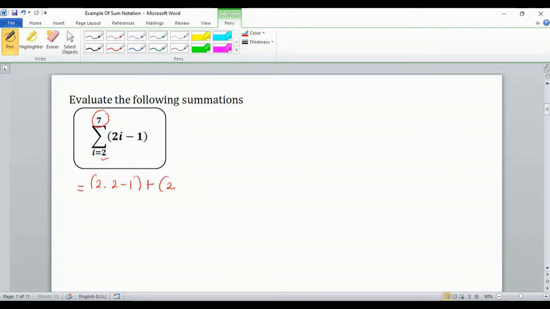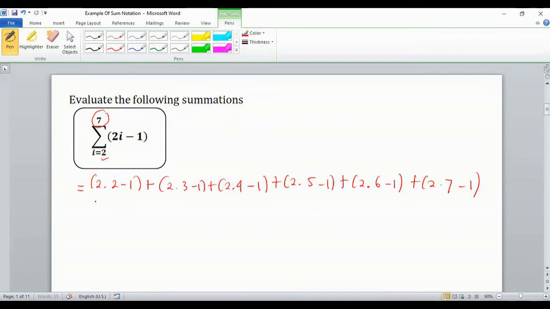So we can write 2 times 3 minus 1 plus 2 times 4 minus 1 plus 2 times 5 minus 1 plus 2 times 6 minus 1 plus 2 times 7 minus 1, everyone.